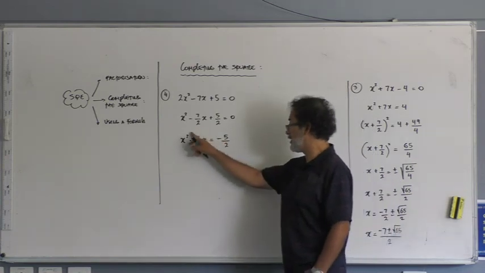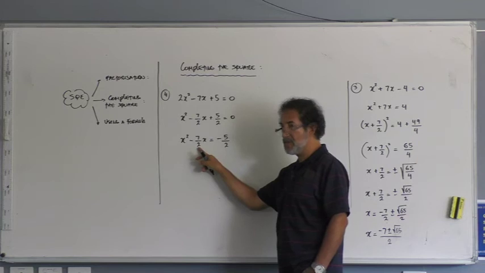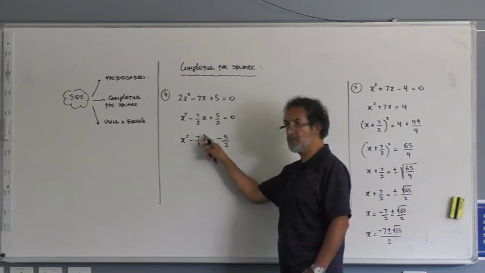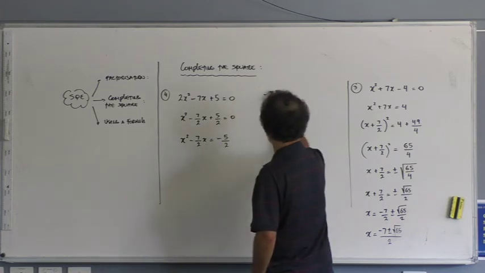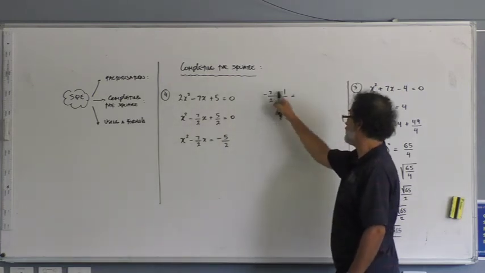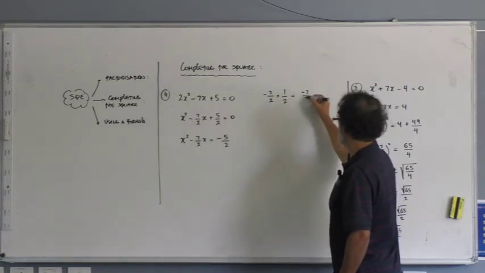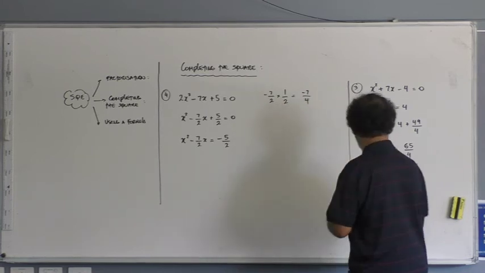So if you multiply this fraction by a half, then you're going to have negative 7 on 4. Can you see that? If you multiply across, then you're going to have negative 7, and then 2 times 2 equals 4. Can you see that? All right, so it's that.